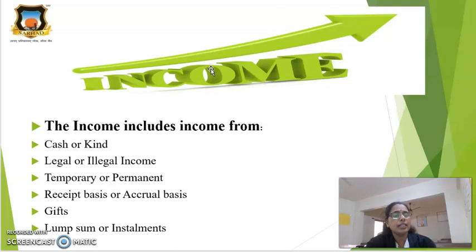For example, dearness allowance. So dearness allowance is given for meeting such points.